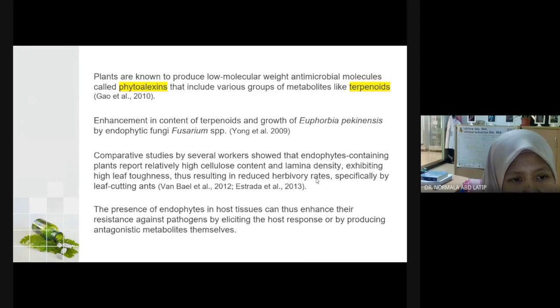Because of the high cellulose content and high laminar density, the plant leaf becomes tougher and also reduces herbivory rates, specifically by leaf-cutting ants. The presence of endophytes in the host tissue can thus enhance resistance against pathogens by eliciting the host response or by producing antagonistic metabolites themselves.